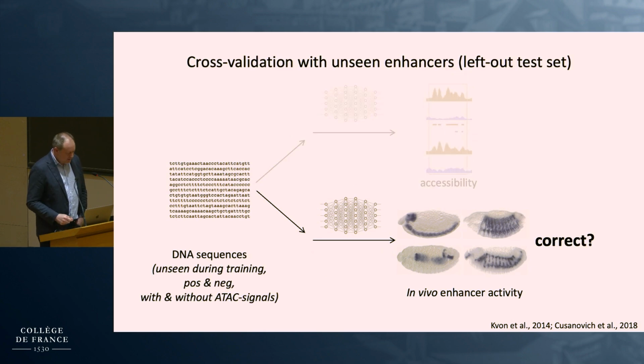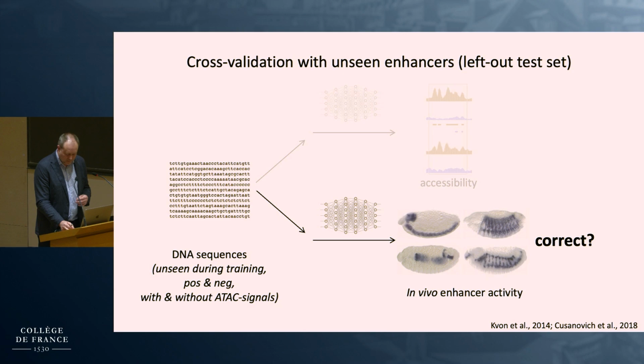And he then used left out sequences to cross-validate whether the model correctly predicted activities, and he used enhancers that were not seen during training, but also negative sequences both with and without ATAC-seq signals to rigorously test the model.